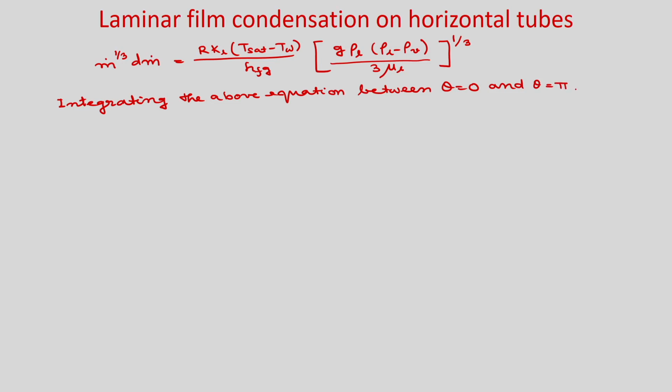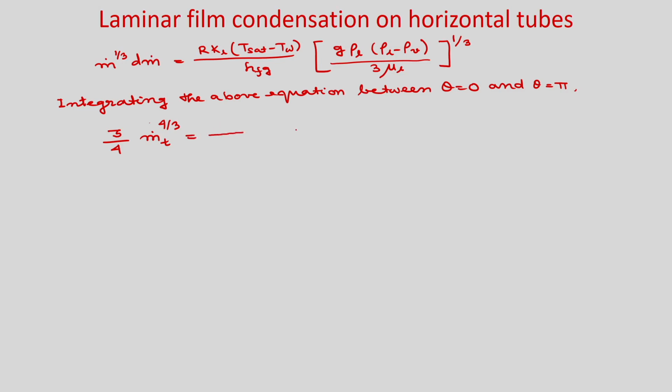What will you get? At theta equal to 0, m dot is equal to 0, and at theta equal to pi, it is m dot total, which we will represent as m dot t. If you integrate, you will get 3 by 4 m dot t to the power 4 by 3. Here m dot t is the total mass flow rate on one side.